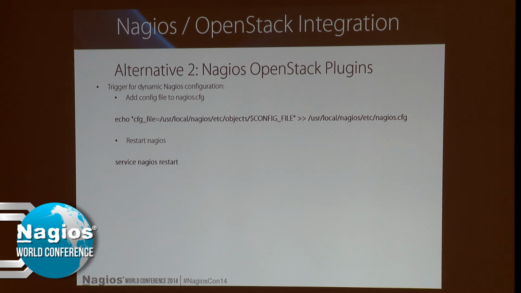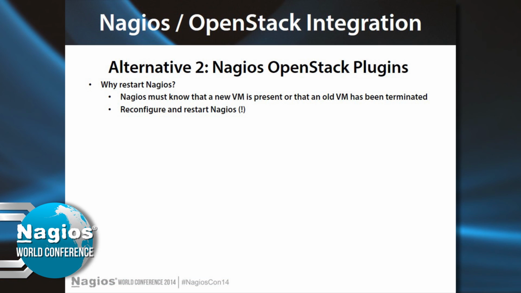Restarting Nagios is not a good option. The configuration change is really bad if you have to restart Nagios. So I'd recommend to use something to reconfigure Nagios elastically without restarting everything over and over again.